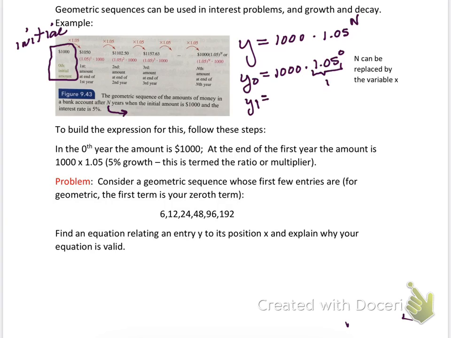Let's get our first term after one cycle of growth. I take my 1,000, which is my starting position, times 1.05 to the first. And when I do that, I should be getting 1050. And you can keep going and get every subsequent term that way.